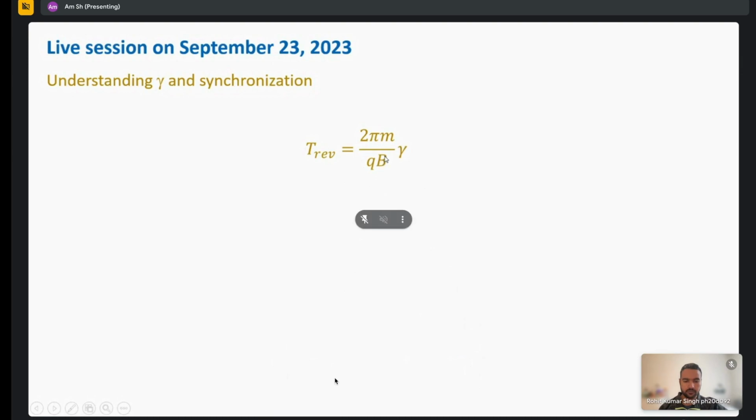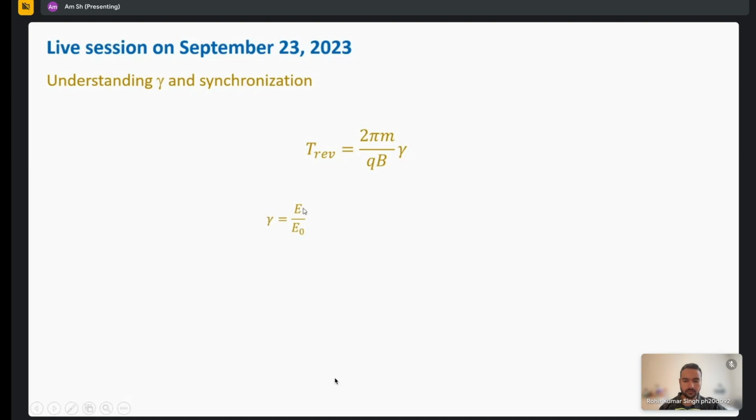So here that B should be there and it is multiplied by gamma. This is a simple relation which we can derive just using the centripetal force equation, gamma m v square by r equals q v B, where we are assuming that v is perpendicular to the applied magnetic field B. So what is gamma?